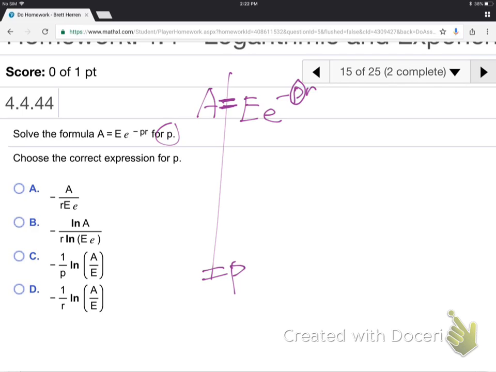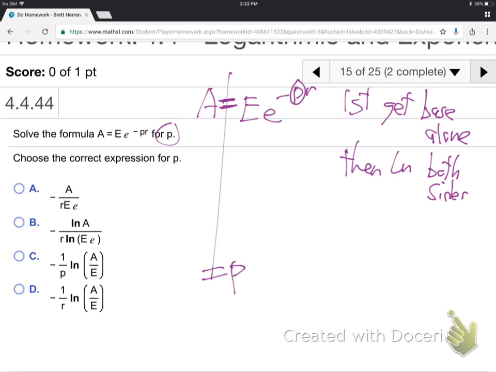Now, I'm not really ready to do log of both sides right now. First, get the base alone. Then ln both sides. What do I mean? When I say base, do you know what I mean? I mean this guy, that little e. Why is he the base? Because he has something on him. This is the base of the table because it has a top on it.